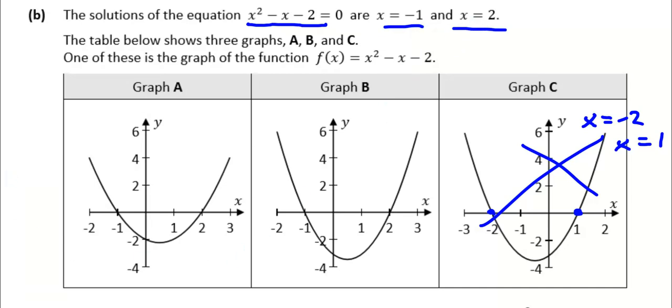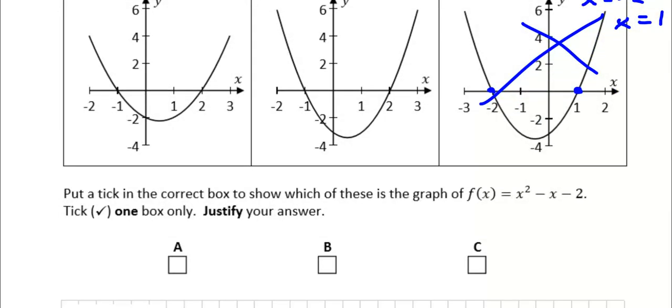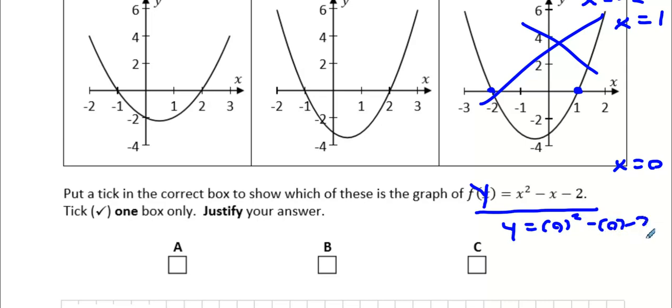So what I would do here is, you're looking to figure out what this graph is. This is the y value. I'd find out the y value when the x value equals 0. So when x equals 0, y equals 0 squared minus 0 minus 2. Then the y value has to equal -2.